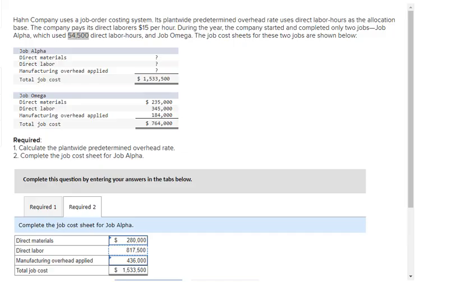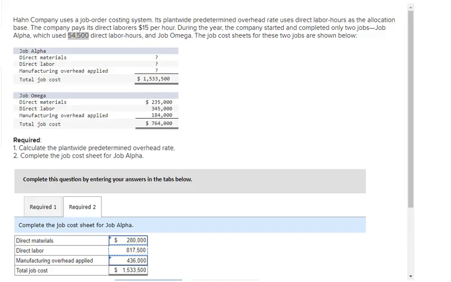Hopefully, through these few examples, you have a better understanding of how to calculate the predetermined overhead rate, and then use it applied to a particular job to find out the total cost for that job and the associated unit cost. When you have more than one department, you learn how to use department-specific allocation rates to find out the costs for a job that has gone through 2 or 3 different departments.